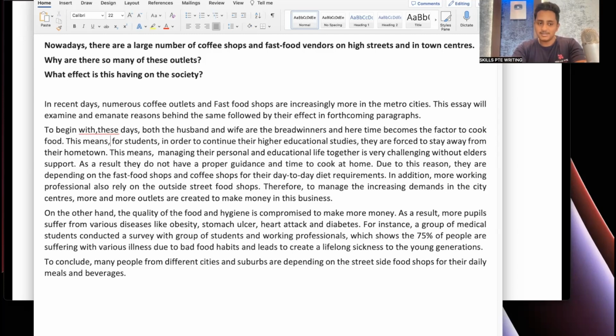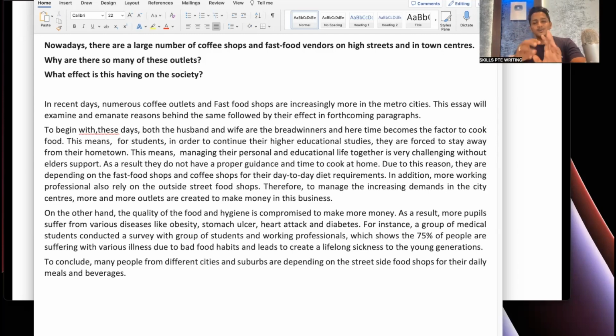This means they're so busy that they don't find time and they have to rely on fast food, increasing its demand. For example, in metro cities like in India, or you can talk about your own country, most of the people go out to work, and the work is so hectic that they don't find time to actually cook. And due to this, they easily get attracted to the coffee shops and fast food vendors to quench their hunger. Done and dusted. This is what I need.